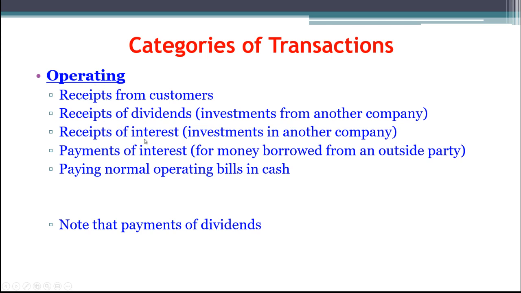Receipts of interest, so if they have a bond of another company or they lent some other company money and now they're getting interest back, these two inflows, dividend inflows and interest inflows, are operating under U.S. GAAP. Now, payments of interest, if you're borrowing money and paying the interest back, that's also an operating cash outflow in this case.